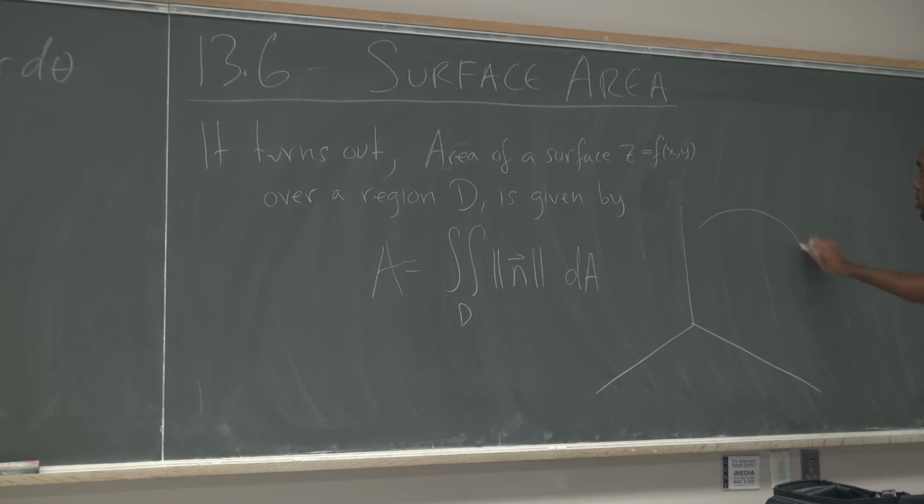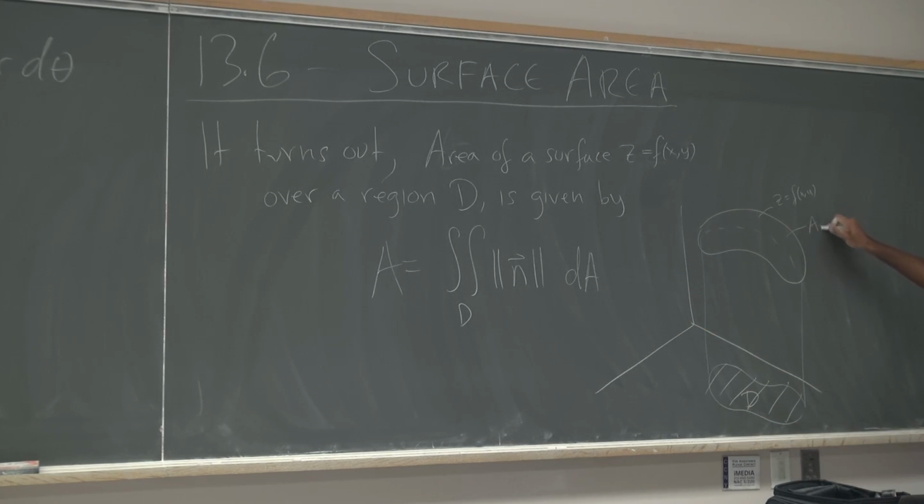So what I'm saying is, here I have a surface floating around. This is z equals f of x, y. My projection is in here. That's D. If I do this integral, it actually gives me the surface area of this guy.